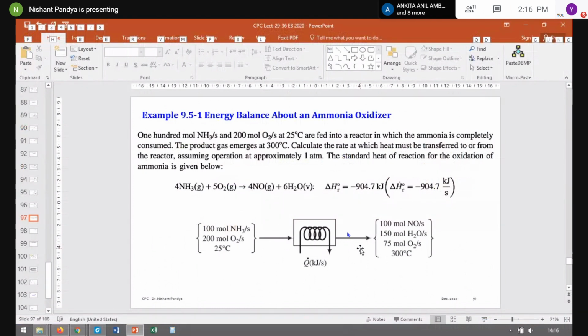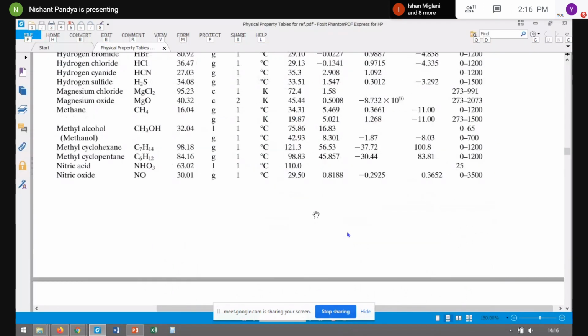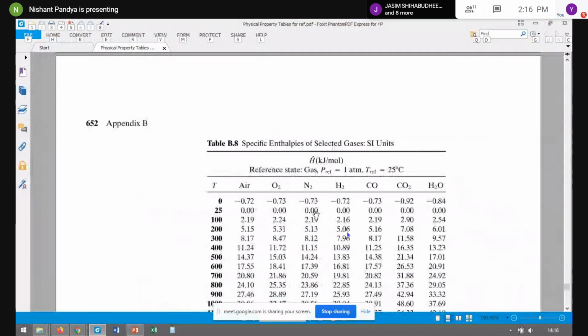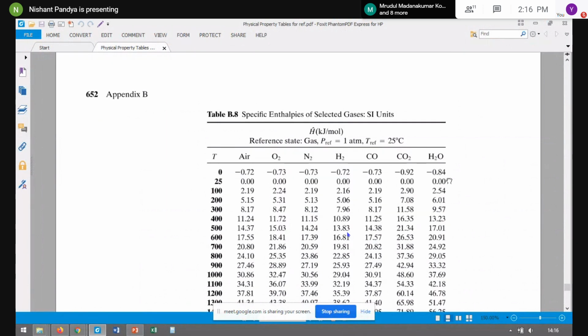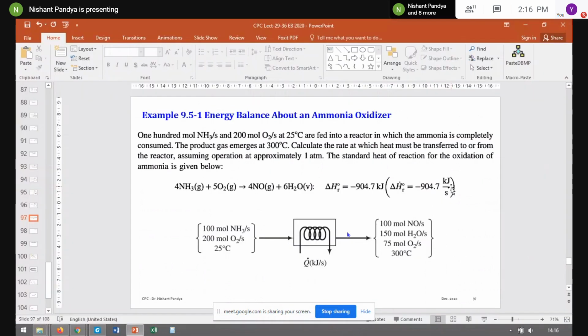There is no data available. H2O is available. Right, so H2O here is in vapor form, so we have taken reference of H2O at 25 degrees Celsius vapor. So in this case you have a table with H2O here. So 25 degrees Celsius is 0, and then 300 degrees Celsius is 9.57. So that you have, and oxygen also we have. So it's a straightforward calculation here.